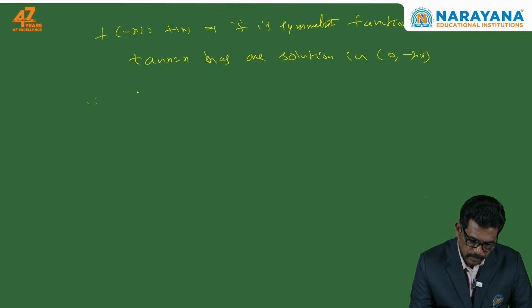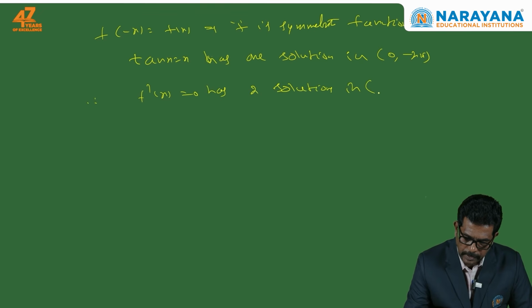Therefore, f dash of x is equal to 0 has two solutions in the interval minus 2 pi comma 2 pi.